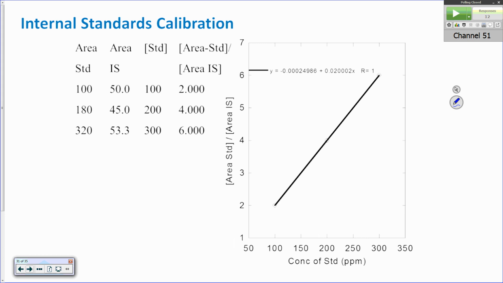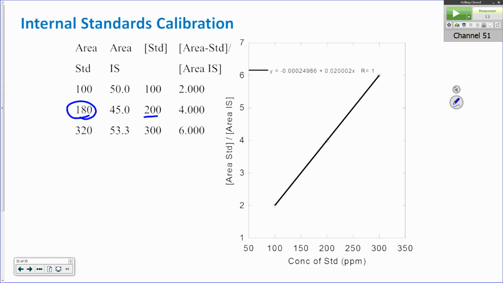Here's an example of that, just some data I made up. The first one shows the signal that we get from calibration. The area of the standard is 100. The area of the internal standard is 50. So that ratio is 2. Now the next time I don't get quite as much injected. So the concentration is 200, so it should have been a signal of 200.